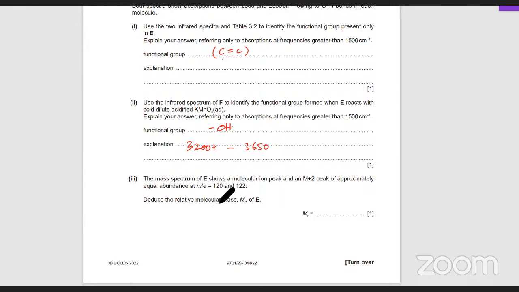Deduce the Mr of E. So M+2 peak की जब equal abundance आती है, 1:1, that means it's got 1 bromine. There's 1 bromine.